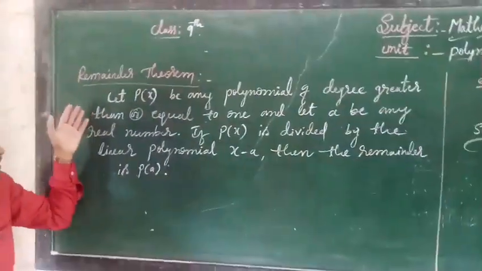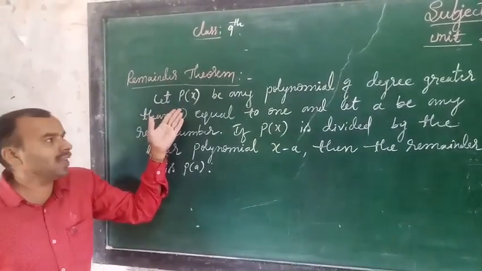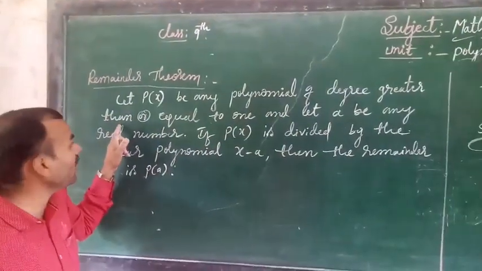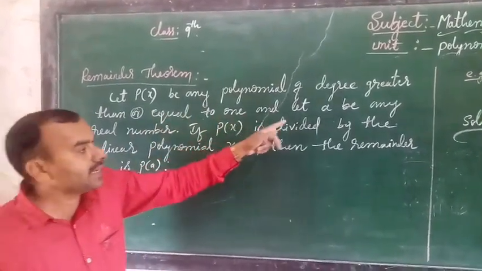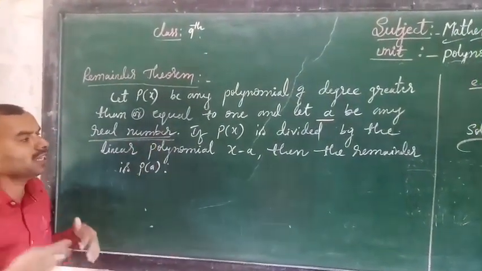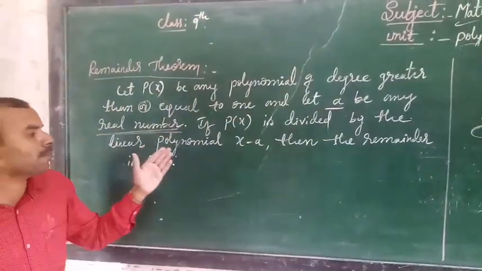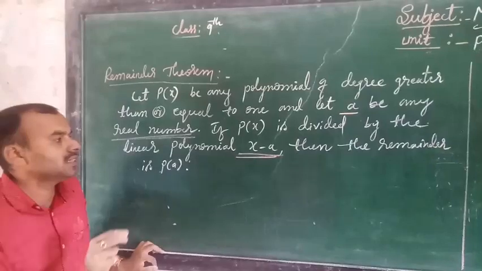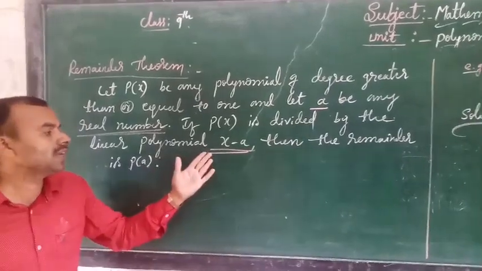Remainder theorem. It is the statement: let p of x, that means a polynomial, be any polynomial of degree greater than or equal to 1, and let a be any real number. If p of x is divided by the linear polynomial x minus a, as in the problems we already learned, x plus 1 is there, x minus 1 is there, so we take x is equal to 1.